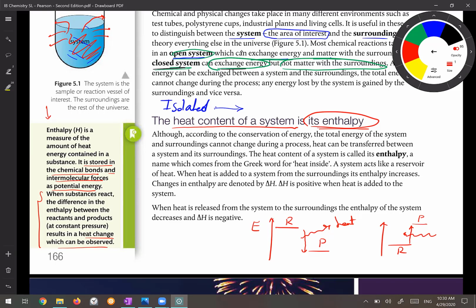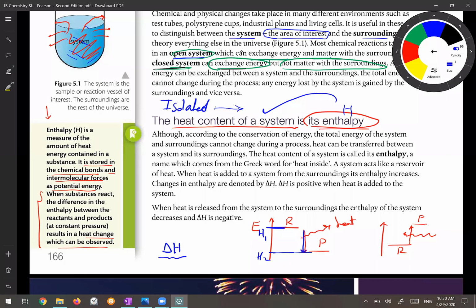Okay. So if, for example, the energy content of the reactants is here and we call it H1, and the energy of the products is here, we call it H2, because H, or enthalpy, represents the heat content of the system, then this difference is called delta H. This is what we can see.